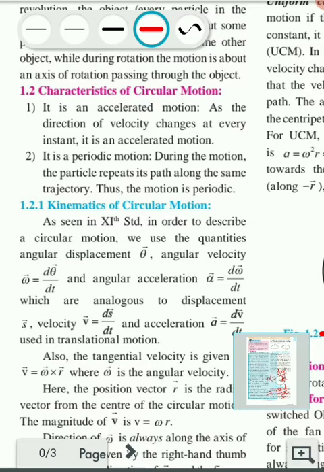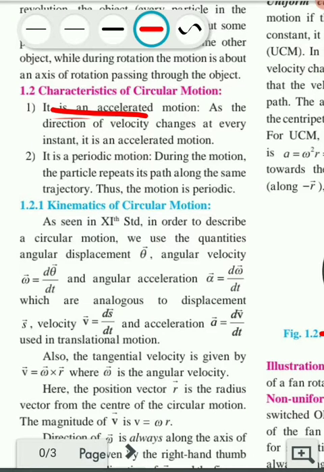It is accelerated motion because when an object moves in a circular motion, the direction of its velocity changes at every instant. So it is accelerated motion.